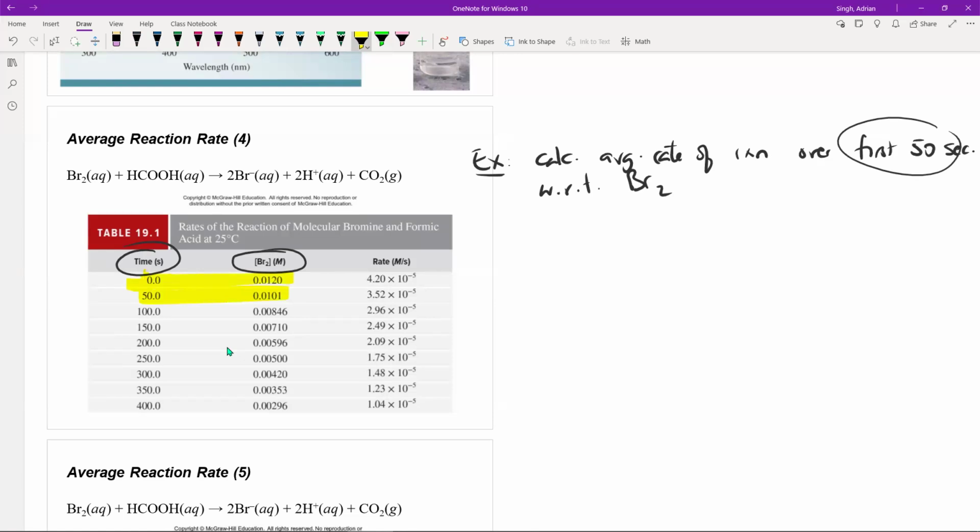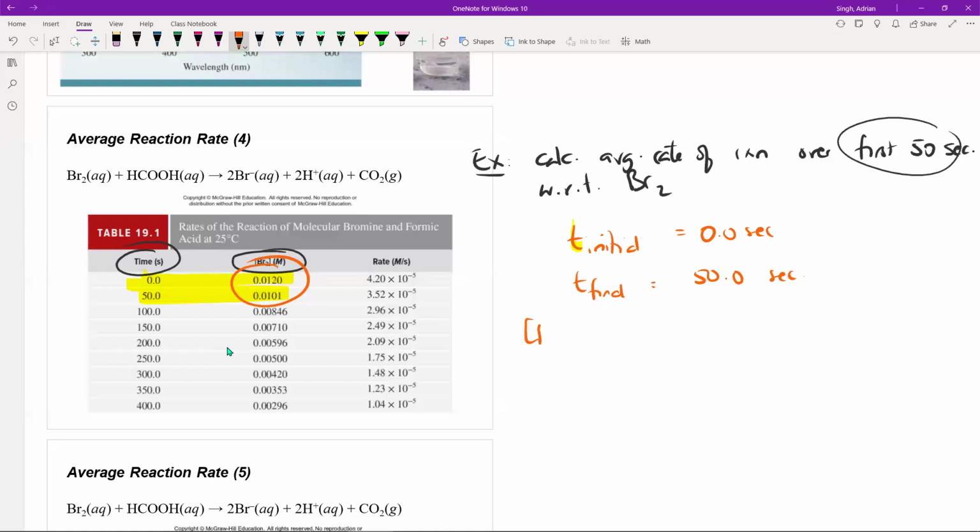So in this case, my time initial, that's the beginning, is 0 seconds. My T final here is 50.0 seconds. That's where I'm ending. And I also have my concentrations of bromine.